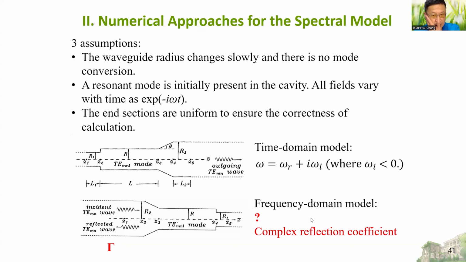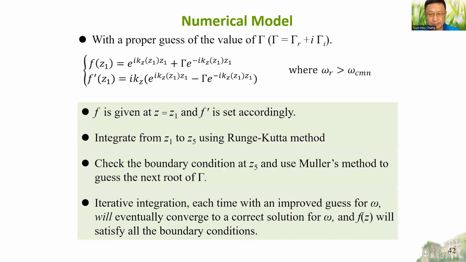So a reflection coefficient always exists. We measure gamma, the frequency response of gamma. In frequency domain, it is the complex reflection coefficient gamma. One frequency at a time.